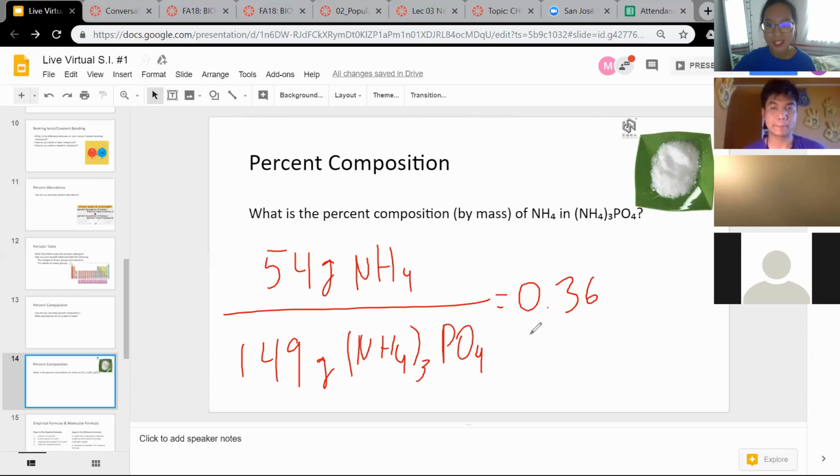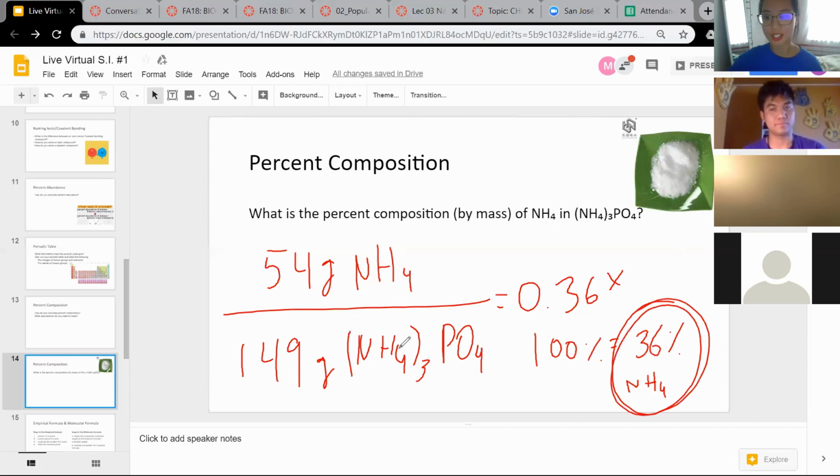So this is almost the answer, but since they're asking for a percent, we need to multiply this by 100% in order to get our final answer of 36% NH4. So this is the final answer. Okay.